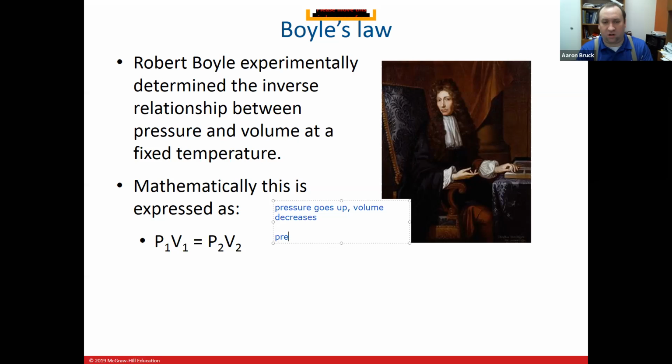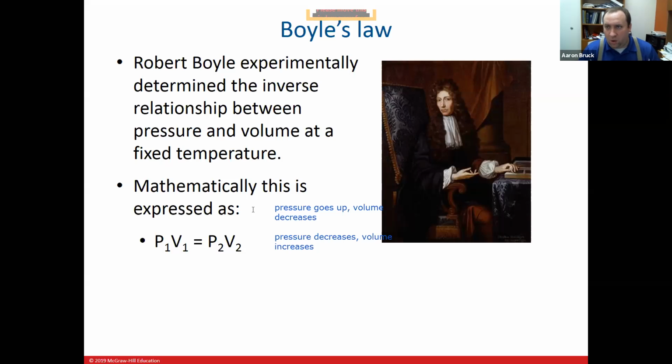And when the pressure decreases, the volume increases. That's what we mean by an inverse relationship. One goes up, the other one goes down. Now, mathematically speaking, we can express this with this equation: P1V1 is equal to P2V2.